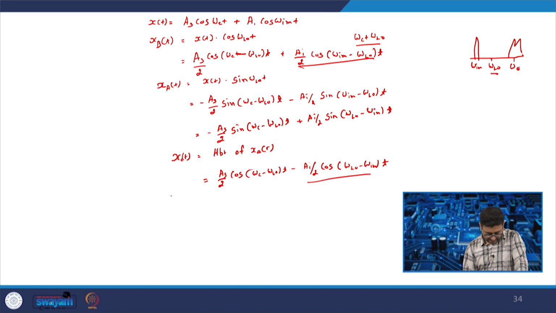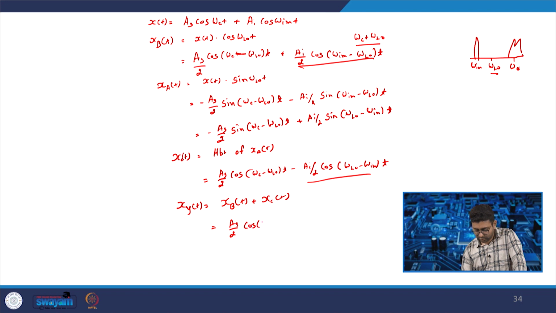So, when you add xb(t) with xc(t), which is your output xy(t), you will get Ac by 2 cos (omega c minus omega LO) t, and another term also will be Ac by 2 cos (omega c minus omega LO) t, and the image will be cancelled out.